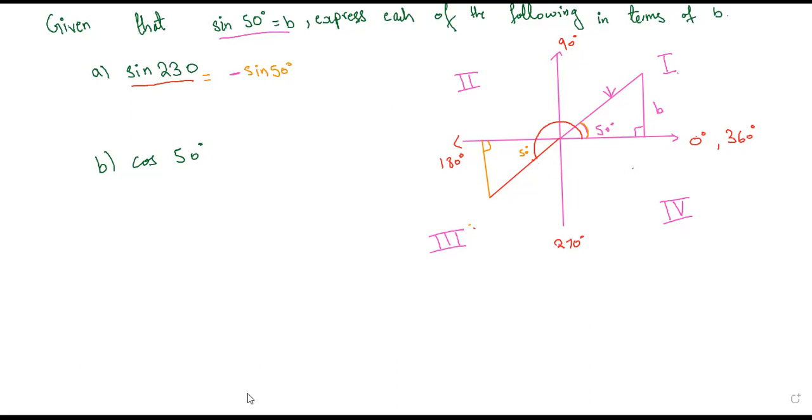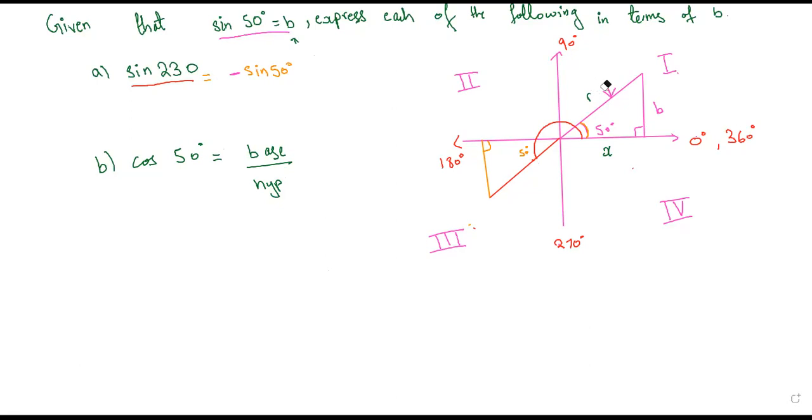Yes, you are thinking in the right direction. Now for cos 50, what do we need? What do we need for simple cos? We need the base over hypotenuse. So it is cos theta equals base over hypotenuse. What is base? Base is this. What is hypotenuse? Hypotenuse is this. I already know from sine 50, it is perpendicular over hypotenuse, where r is 1, right?